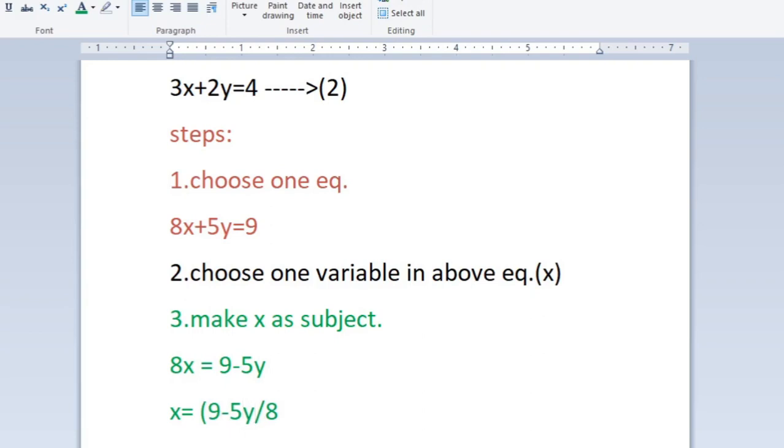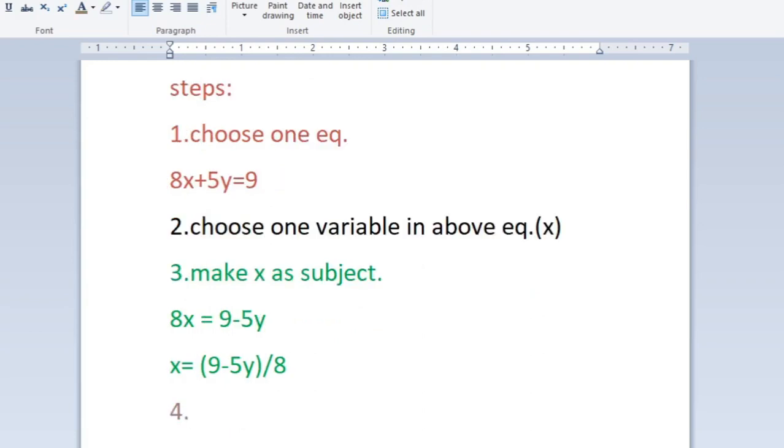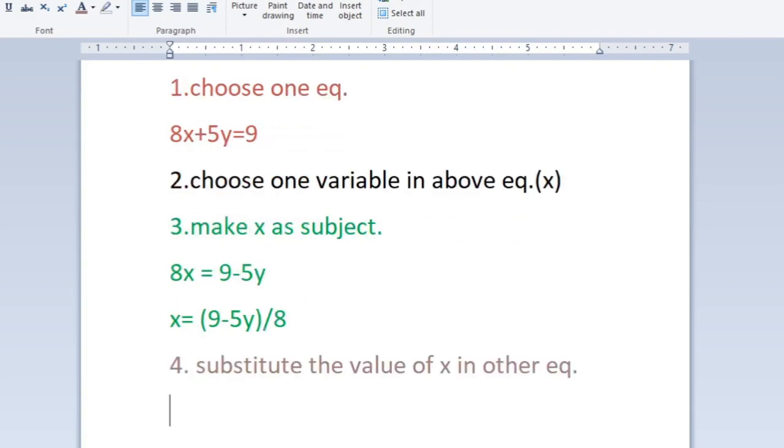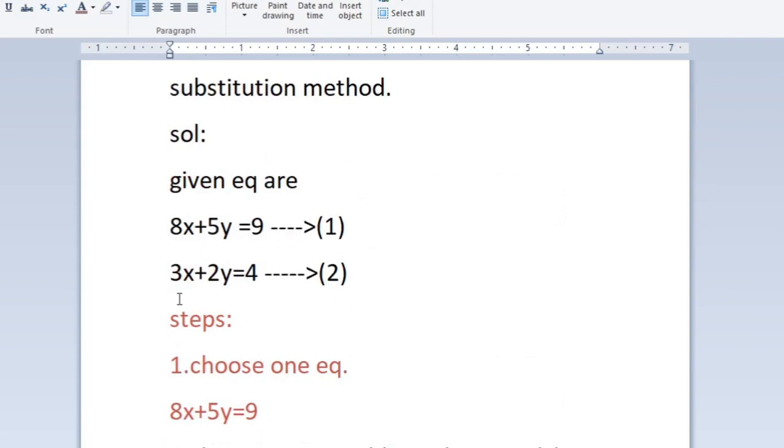Okay, then come to step 4. Here you substitute the value of x in the other equation, that is, here the second equation.